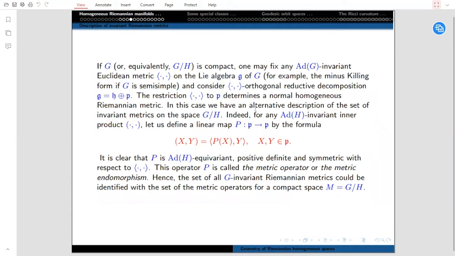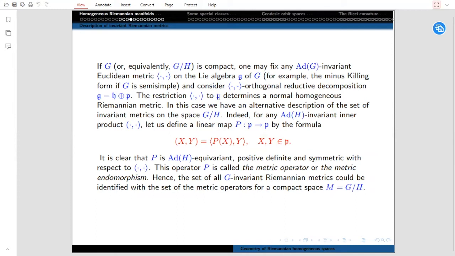And another method to construct new inner products. Okay, almost the same assumption. We have a Euclidean metric on the Lie algebra g, and we consider some orthogonal reductive decomposition, where p is the orthogonal complement to h.